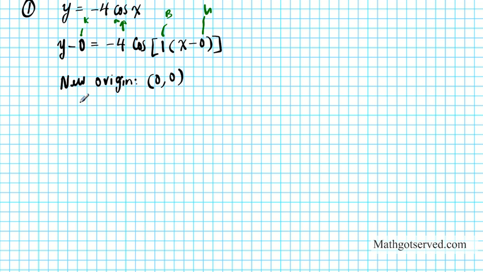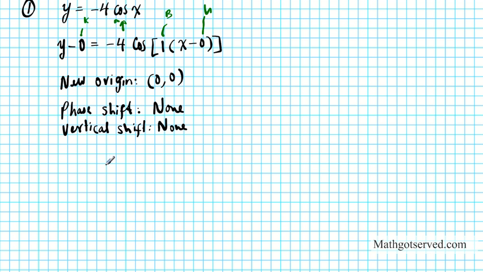That tells us the phase shift and vertical shift. The phase shift is the x coordinate of your new origin. So the phase shift is 0, actually none, because there is no movement in the x direction from the origin. The vertical shift is none also, because there is no movement up or down.